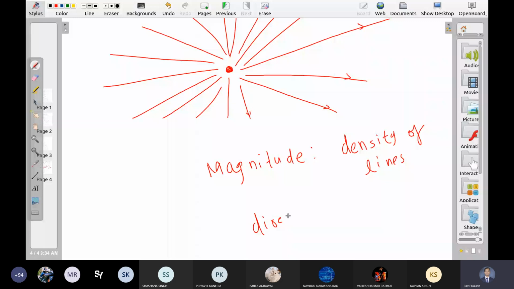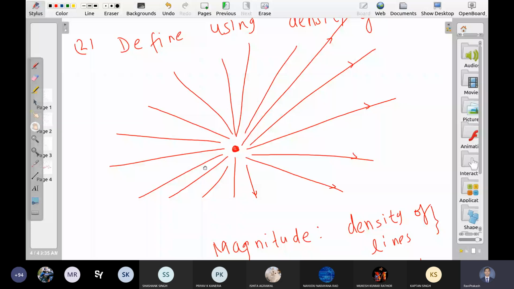Now what do we mean by this quantity, density of lines? This is a 2D figure. 2D figure means density of lines means numbers of lines per unit length. So I am going to draw a cross-sectional line of 1 centimeter.